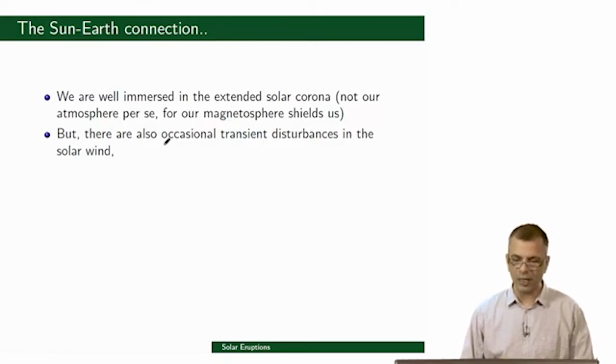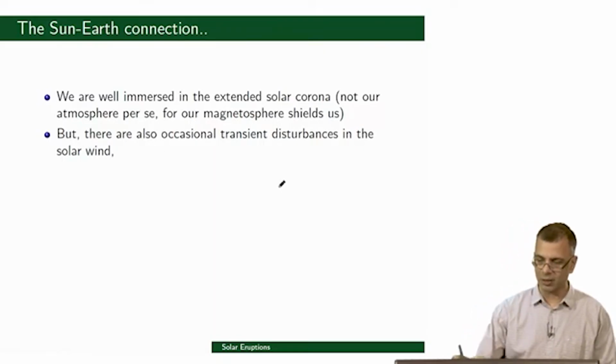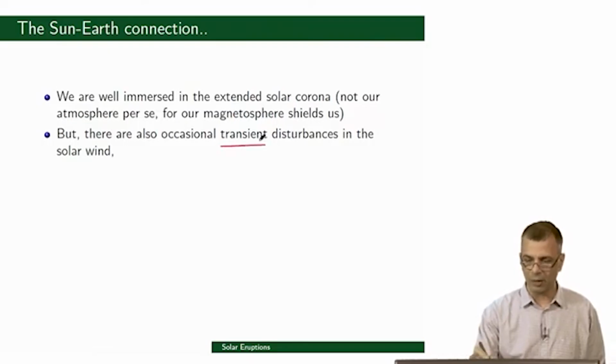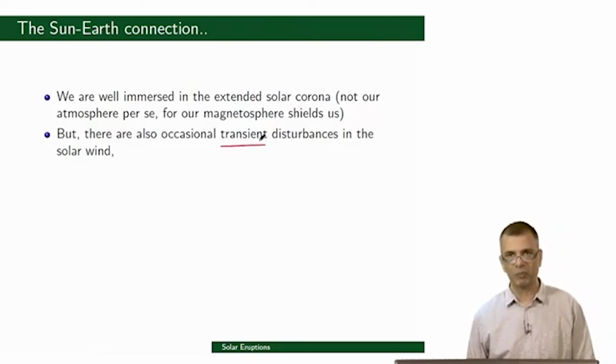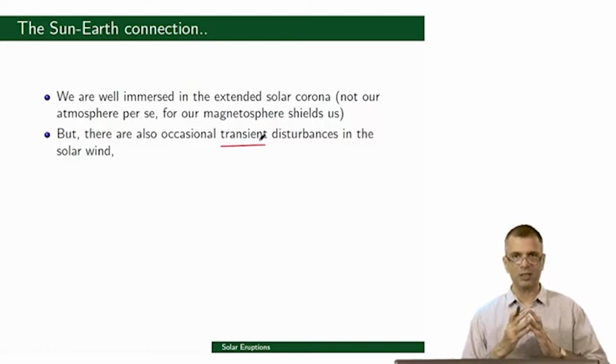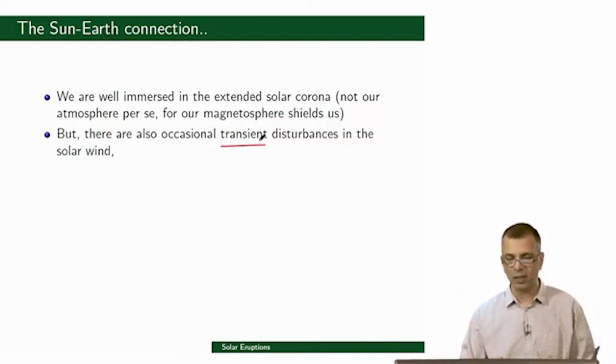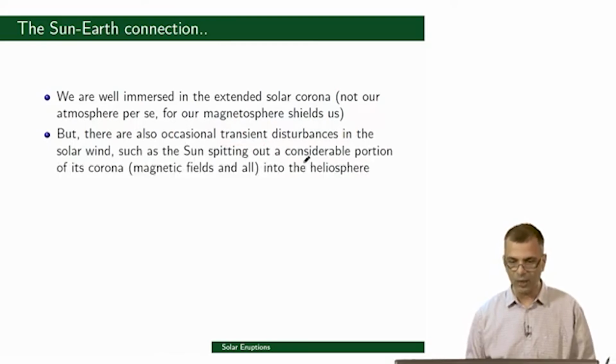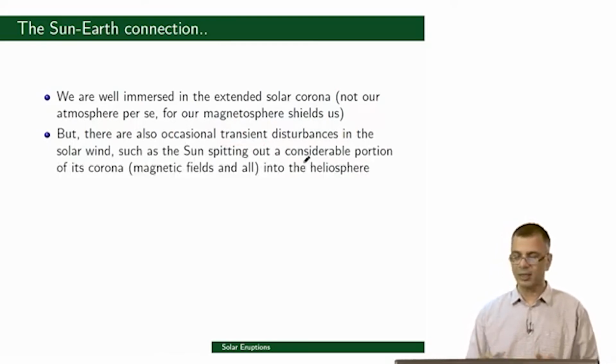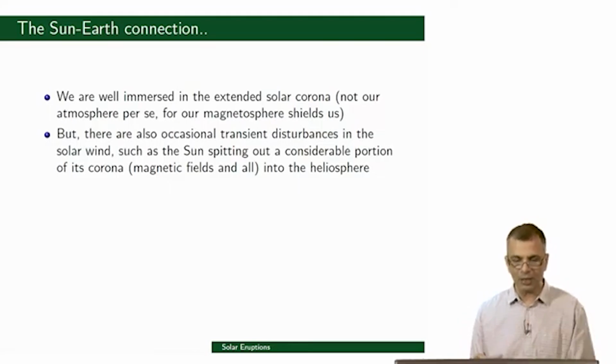Okay. There are occasional transient disturbances in the solar wind. The word transient means something that is not steady state, it's blobby. So there are transient disturbances of the solar wind, such as the sun spitting out a considerable portion of its corona.